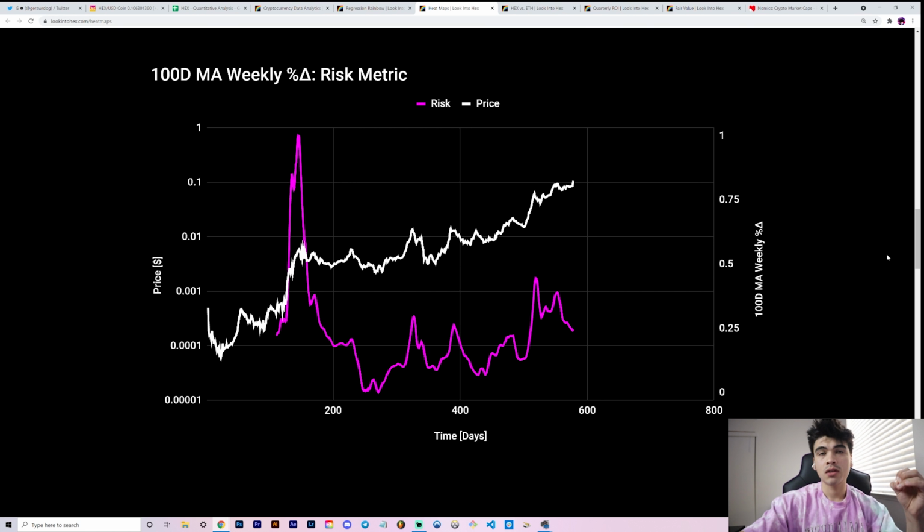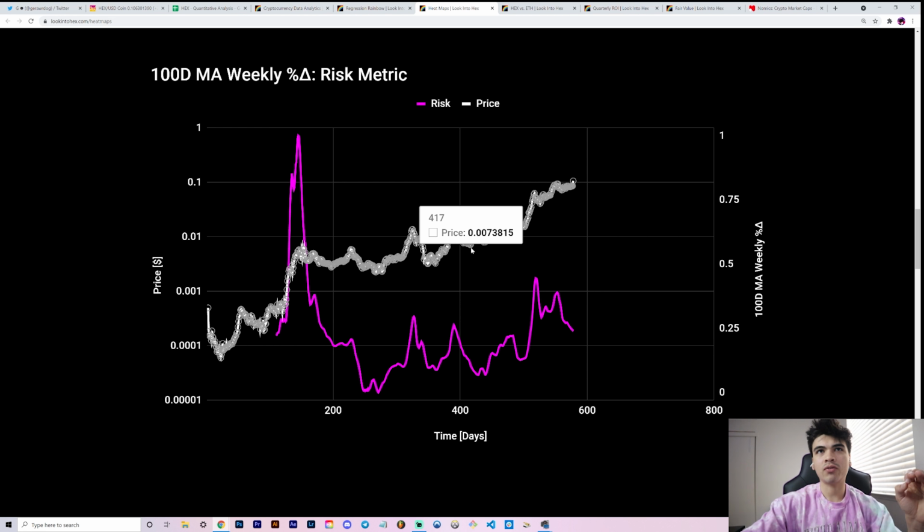And something I saw that's very interesting here that we've actually seen before, and I don't think I've ever pointed this out on this channel, is back here we had a divergence. We had a hidden bullish divergence on our risk metric with price.